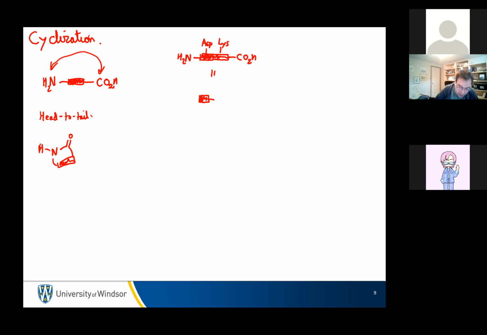Watch me mess up aspartic acid. I'm actually going to look it up because I always get my aspartic acid and glutamic acid confused. And that is why this is an open book course. It doesn't get easier, I think, to actually keep track of all these. Okay, aspartic acid is only 1 carbon.